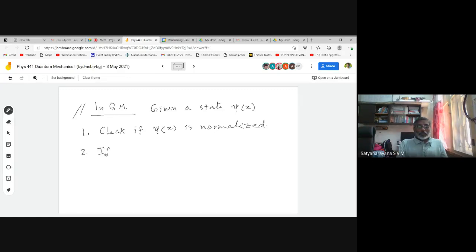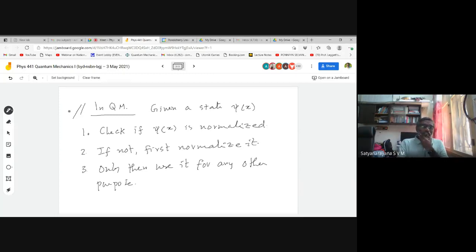If not, first normalize it. Only then use it for any other purpose. You want to calculate probabilities or expectation values, whatever it is, use it only after you normalize it. So this is very, very important.